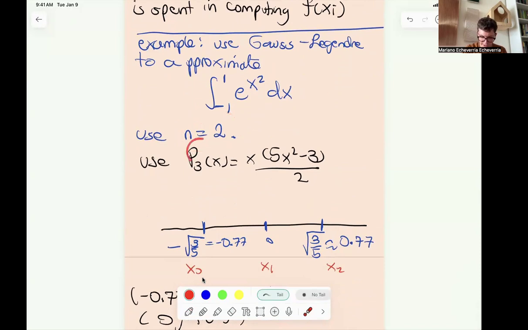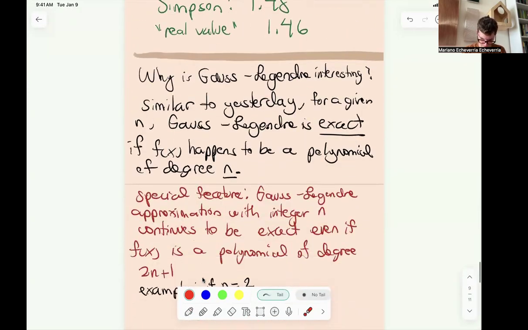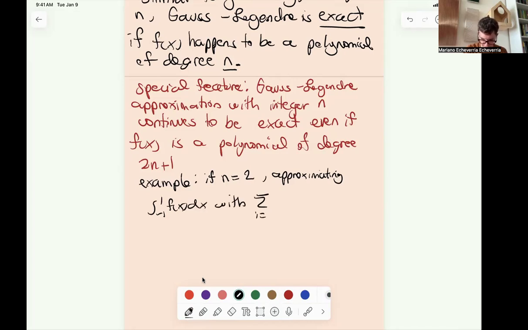So again, you would use the roots of P3, which were these three roots. We were approximating with the sum from i equals 0 to 2 of f of xi times these weights.